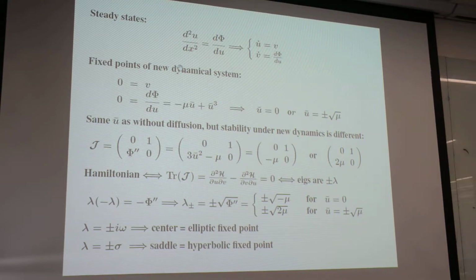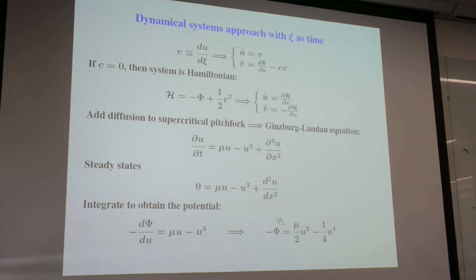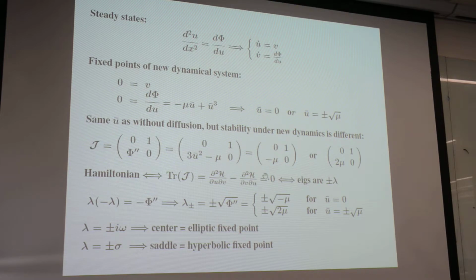Phi is, of course, we remember what it is. Phi is the quartic equation. D phi du, the first derivative of phi, is the cubic equation. If you take the second derivative of phi, which is what we have to do, we're going to get a 2u squared, but with what sign? We're going to get a mu minus 3u squared. So let us do that. Okay, our u bar is plus or minus square root of mu.